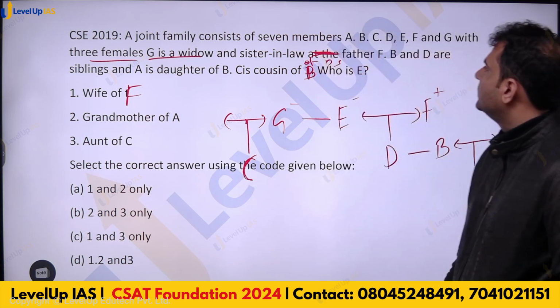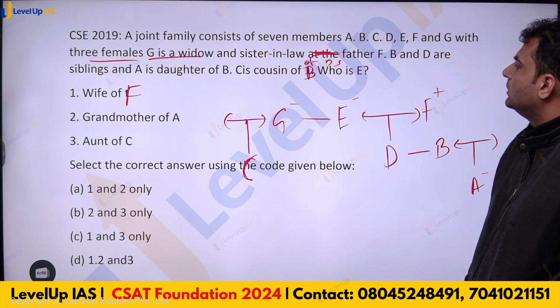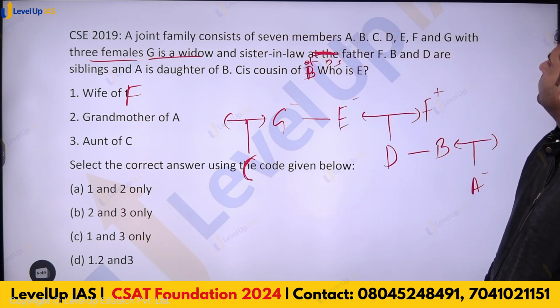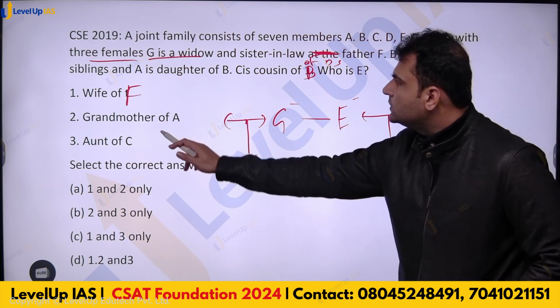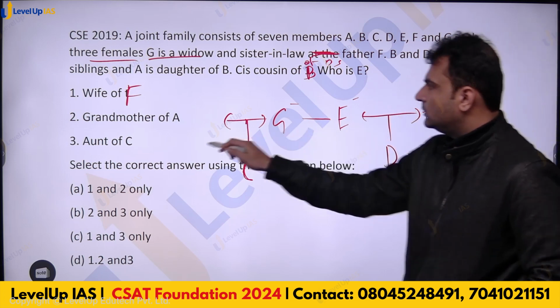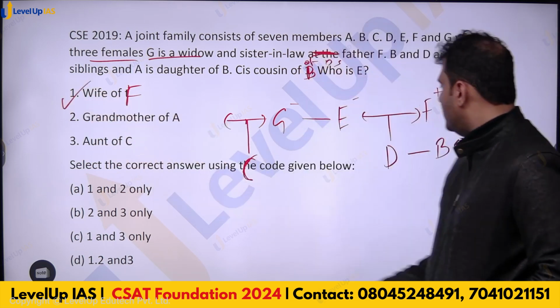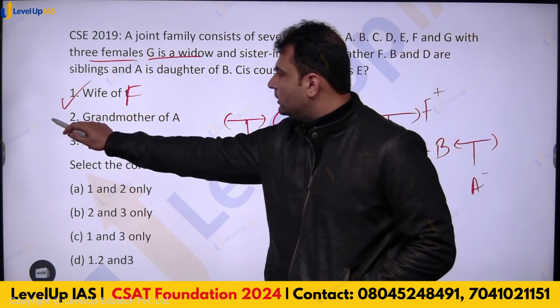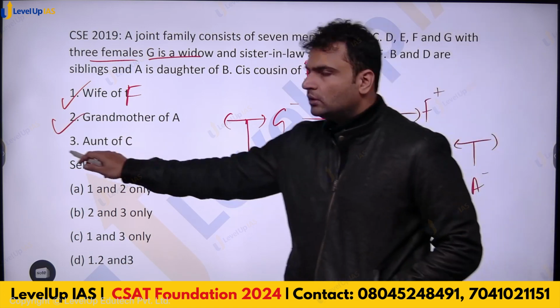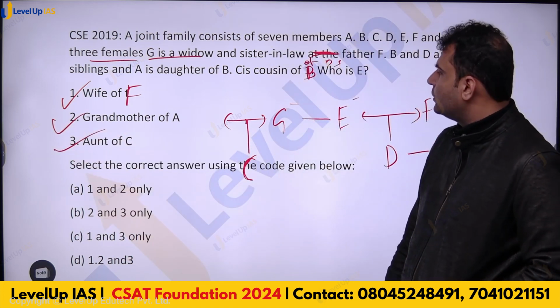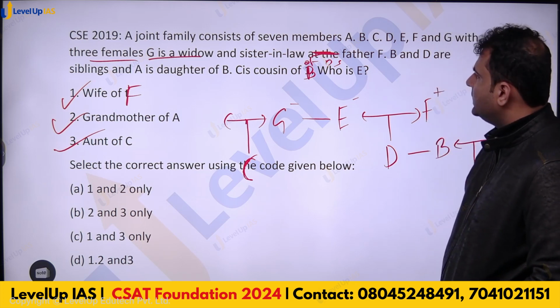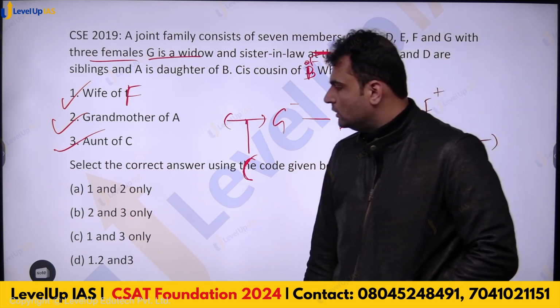E is wife of F, absolutely correct. Grandmother of A, absolutely correct. Aunt of C, absolutely correct. So all the 3 statements are absolutely correct. That is what we have in this question.